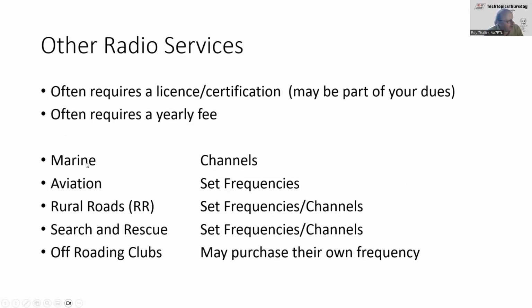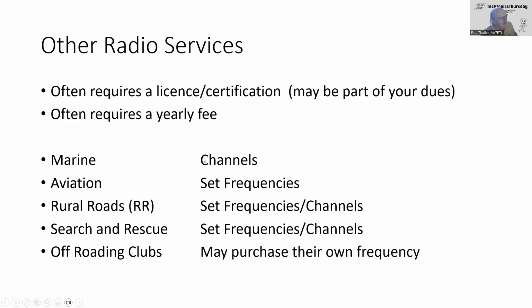So you have marine frequencies that have channels. You have aviation frequencies that have set frequencies. You have your rural road frequencies, which either have a set frequency or a channel. You know, your search and rescue operations, which have set frequencies or channels. And then some off-roading clubs may purchase their own frequency.